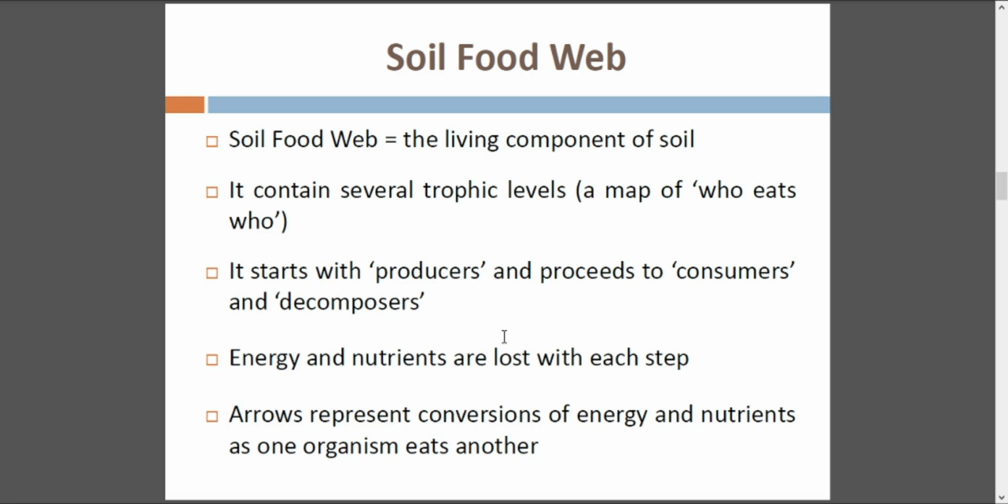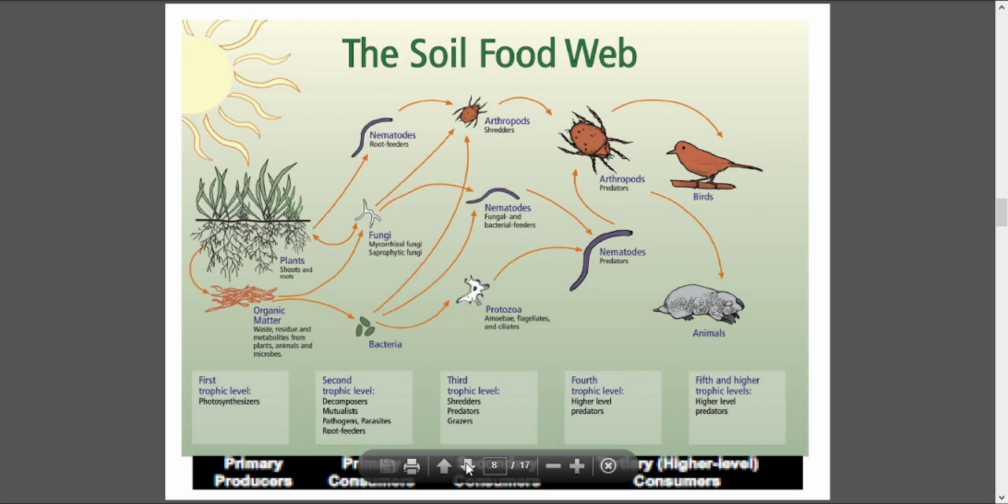The energy and nutrients within the food web are lost at each step, or each trophic level. The arrows represent conversions of energy and nutrients as one organism feeds on the other. So this is the structure of a food web.